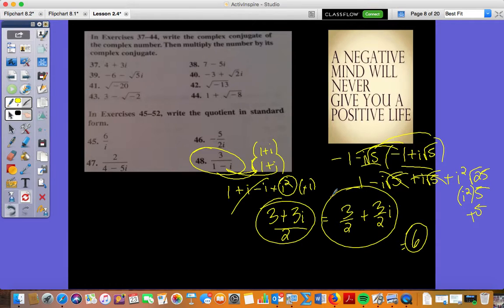Not the top, we don't care about the top. We're talking 3 plus i top and bottom. So you're going to distribute 3 plus i to the top and to the bottom. Boil it out on top and then boil it out on bottom. Try that out, see what you get, and I'll double check as I come around.